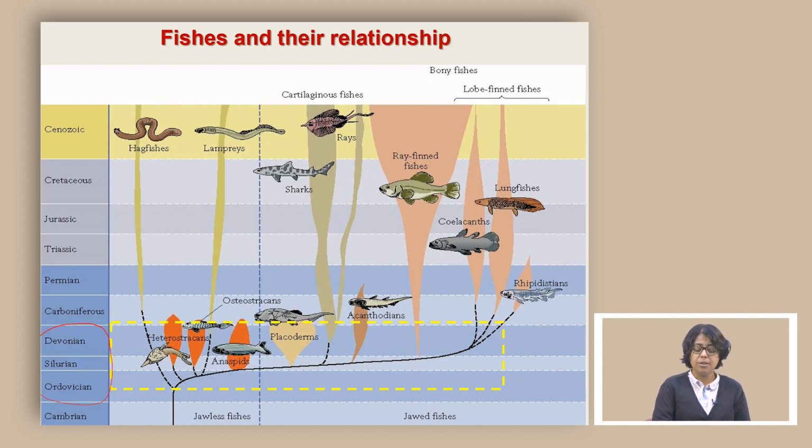The way these plots are created is by counting how many different types of fishes there are, and if you find more numbers, these plots become thicker, such as here, and if there are not that many, that number is represented by this very narrow region of the plot. So, clearly we see that many of them are appearing right around Devonian. So, this is an interesting time to study fishes.